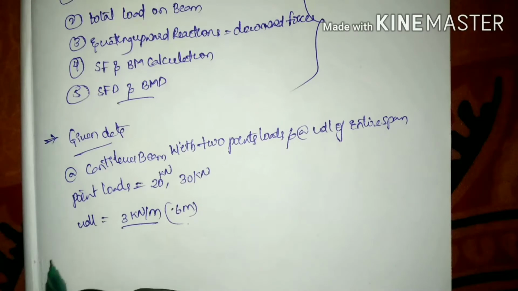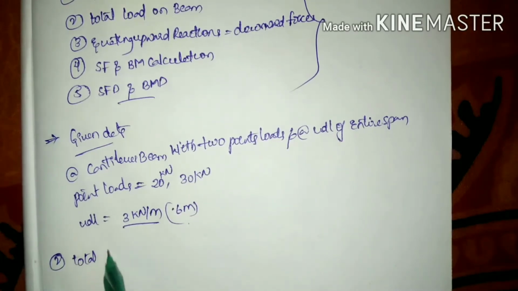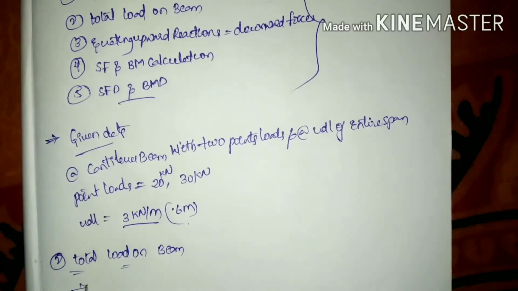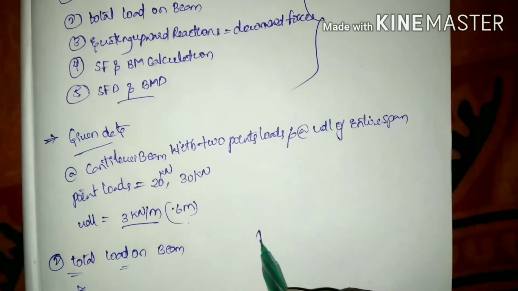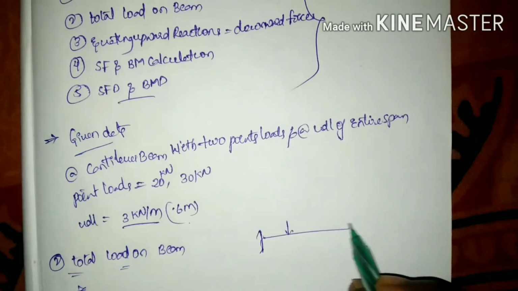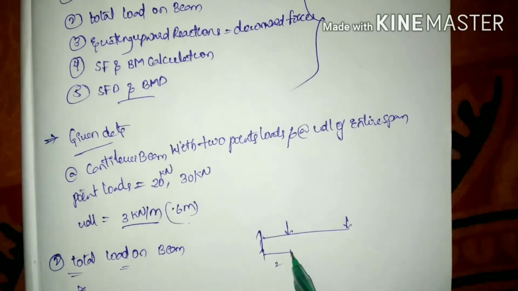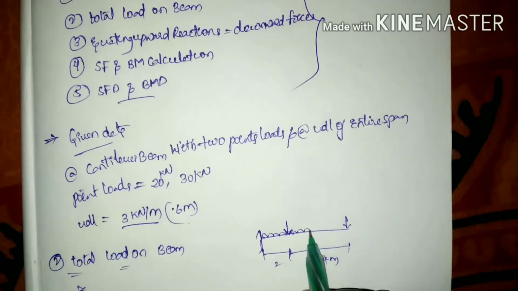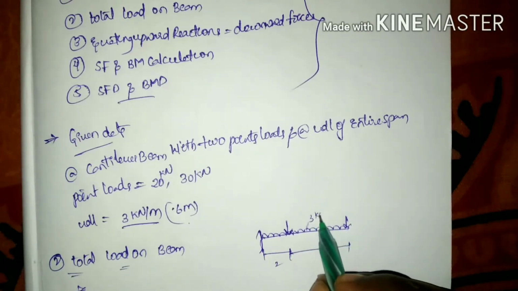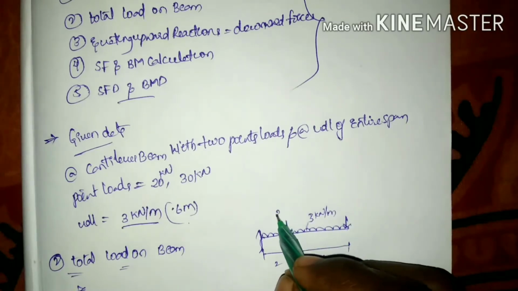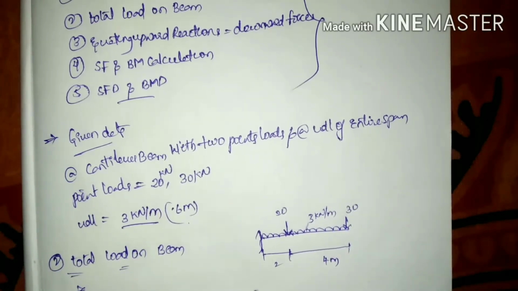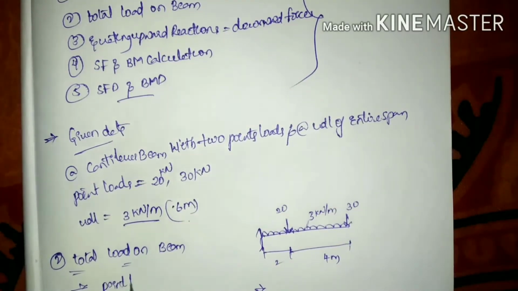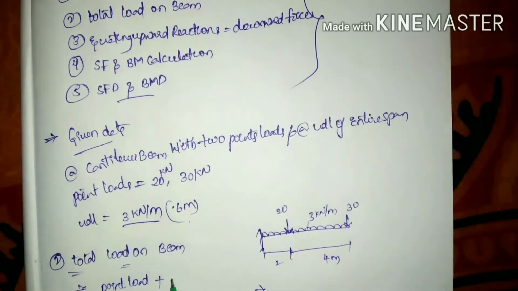And number 2, total load on beam. Here this is a cantilever, and the 2-point loads are at 2 meters, and another is 4 meters from the first point load, and the UDL of 3 kilonewton per meter. This is 20 and this is 30. Here total load is point load plus UDL load.